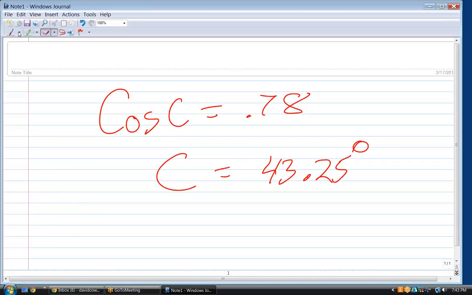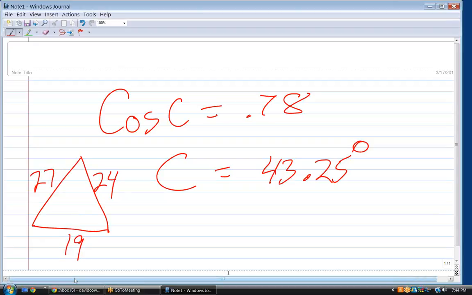Well, this triangle was possible. Not only that, now we know, let's see, this was 27, 24, 19. Yeah. And we solved for this angle, so that's 43.25 degrees.